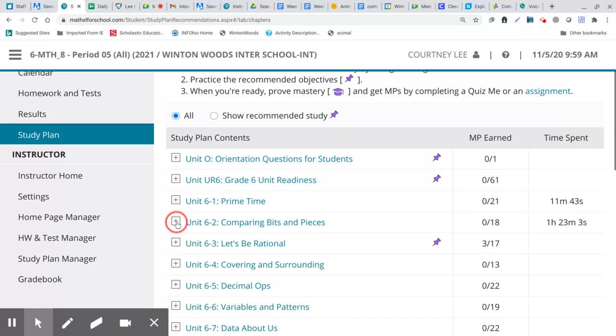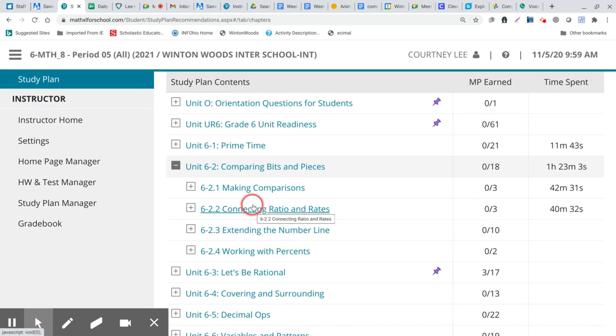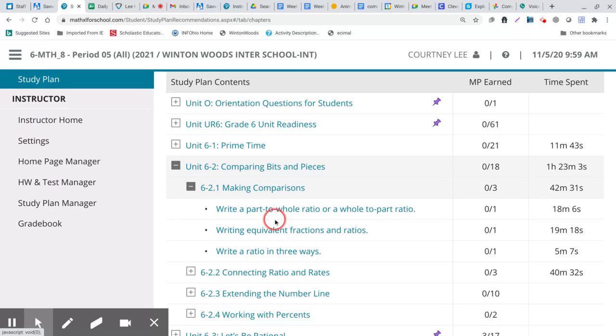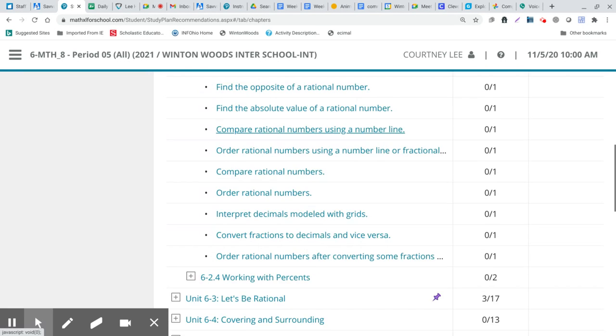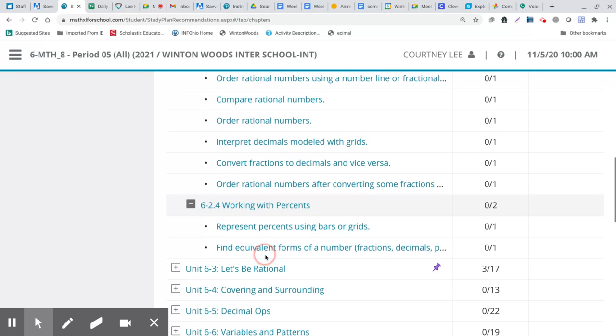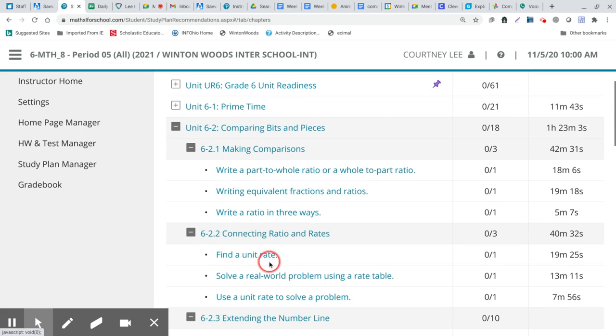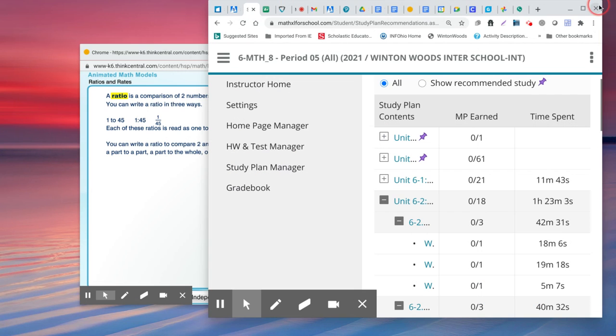So 6-2, as you can see, we have part to whole, whole to part. Then they talk about unit rate. There's also part to part, which I don't see specifically on here, but it's always good to have different ways to talk about the same stuff. So yeah, this should definitely be a review. All right. Let's keep it moving.